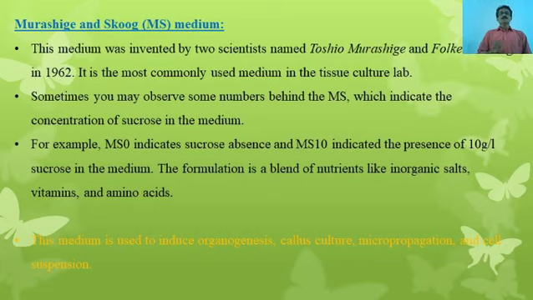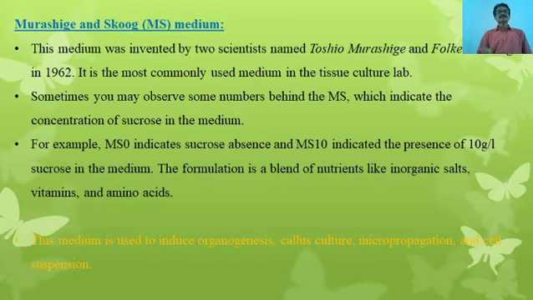The formulation is a blend of nutrients like inorganic salts, vitamins and amino acids. We will see what exactly the composition is in the later phase, but this medium has been used to induce organogenesis, callus culture, micropropagation, and also cell suspension culture.